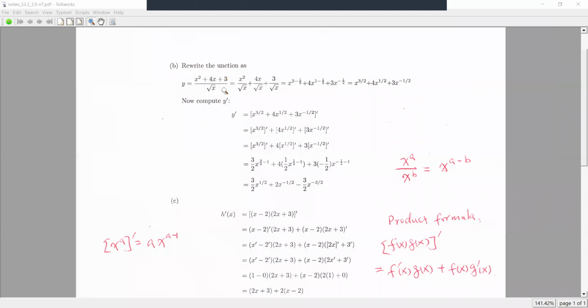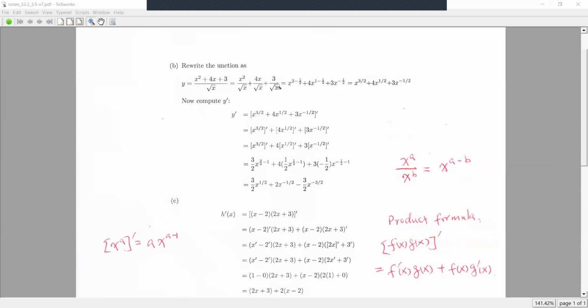To simplify this function, split this quotient into a sum of smaller quotients. x squared over square root of x, square root of x is x to 1/2. By this formula, x squared over x to 1/2 is x to 2 minus 1/2. x over x to 1/2 is x to 1 minus 1/2 by this formula.